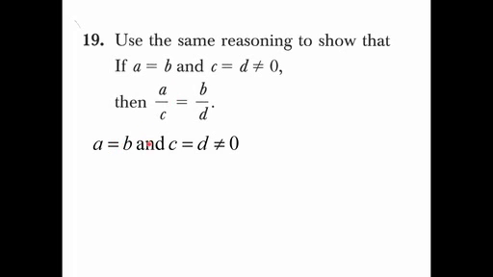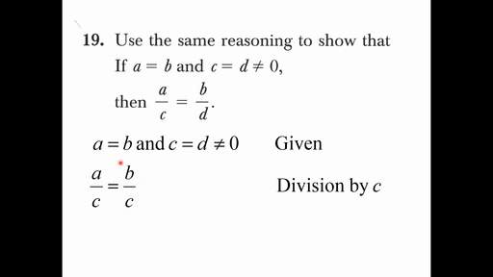So A is equal to B and C is equal to D, and neither of them are equal to 0. That's all given. So this is the way we do a proof. What's the next step going to be? If I'm starting with A equals B and I want to get here, well, I'm going to say A divided by C equals B divided by C. Well, that's pretty easy. Division by C. I divided both sides by C, which I can do because C is not equal to 0.